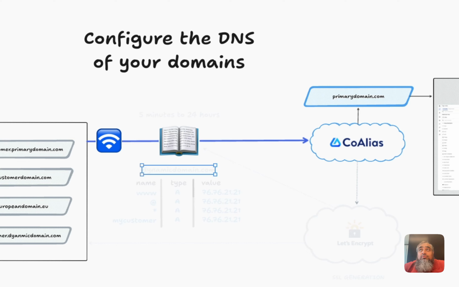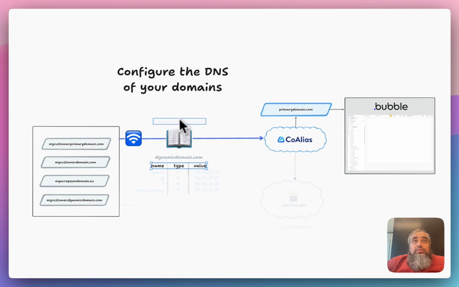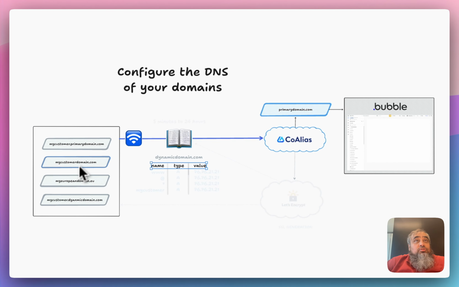For example, dynamicdomain.com, and that could be at your domain registrar like NameSilo or Cloudflare or any service actually. And what we do there is add records to that phone book, and those would be your DNS records.